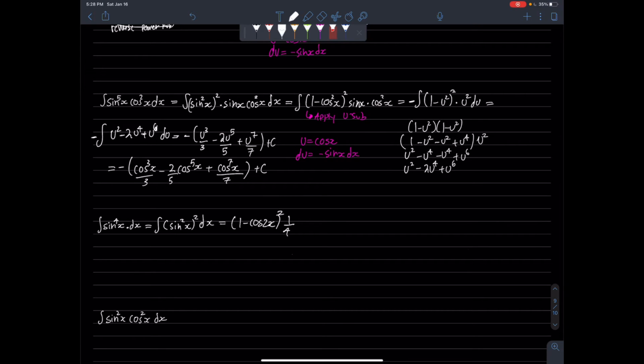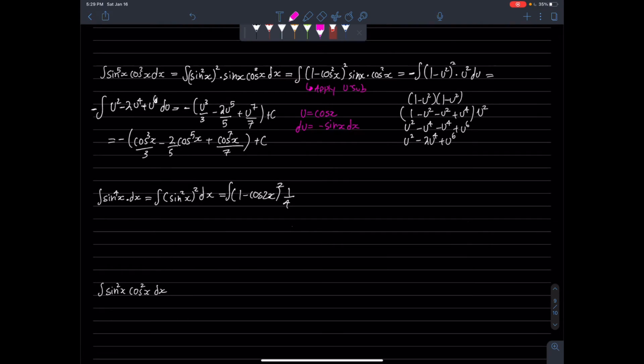Or else you can't really do it. So the integral, if you want to expand out, it's going to be 1 minus cos 2x times 1 minus cos 2x. So 1 times 1, 1 times minus cos 2x, minus cos 2x, plus cos squared 2x.